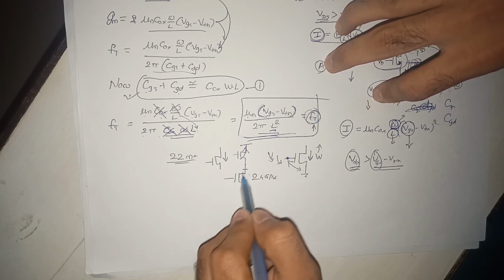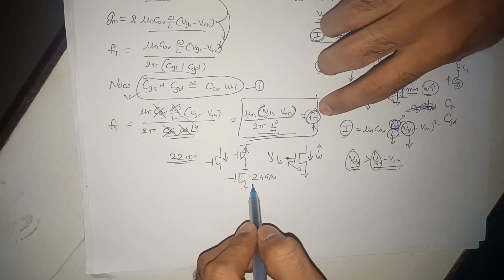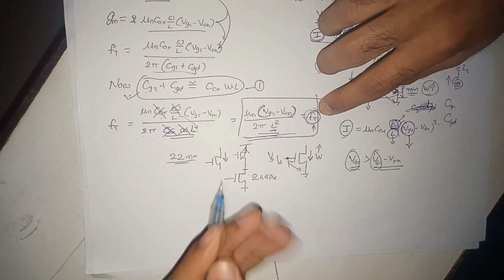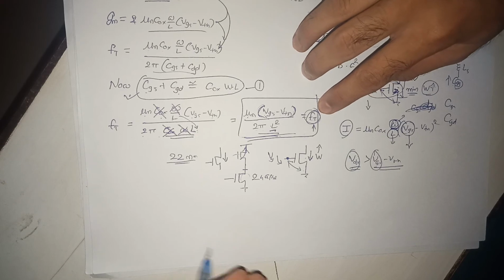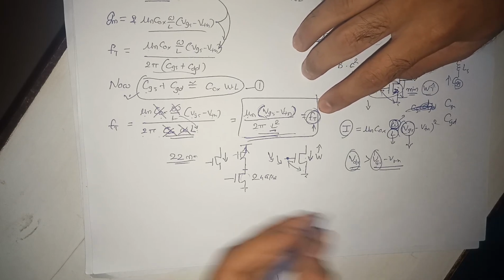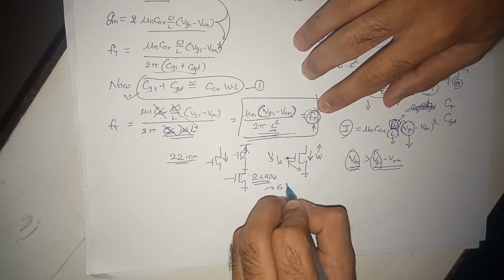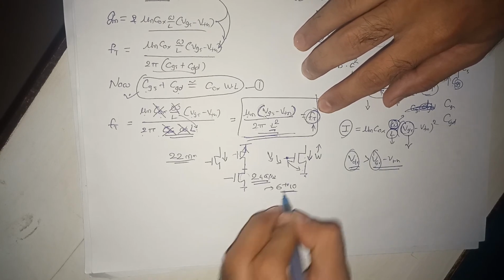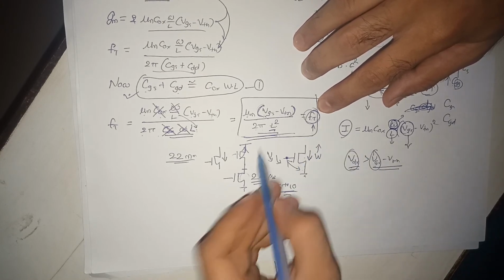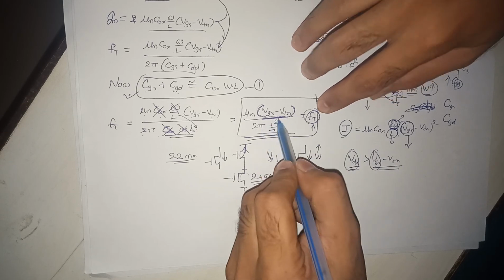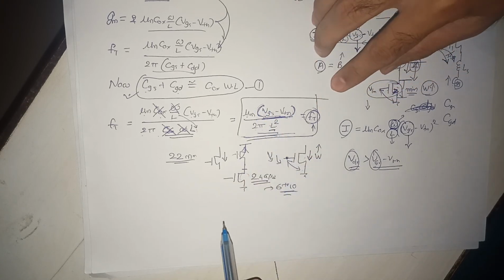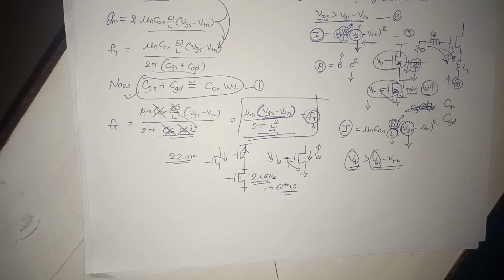Your overdrive voltage should be somewhat larger, such that your FT can go up to your limit. Whatever your interstage frequency is, your FT should be at least 6 to 10 times more than that. So to get that FT, you need to increase your VGS minus VTH. Okay, so this is how we are looking into design with respect to this basic concept.